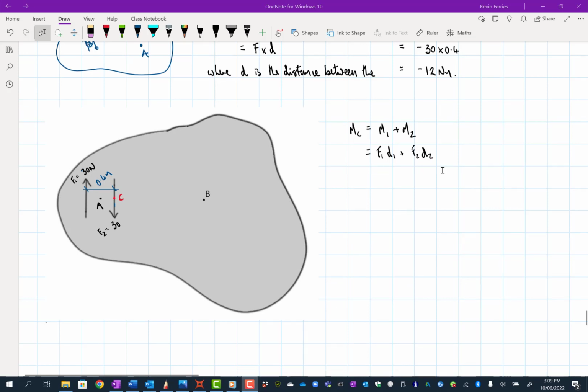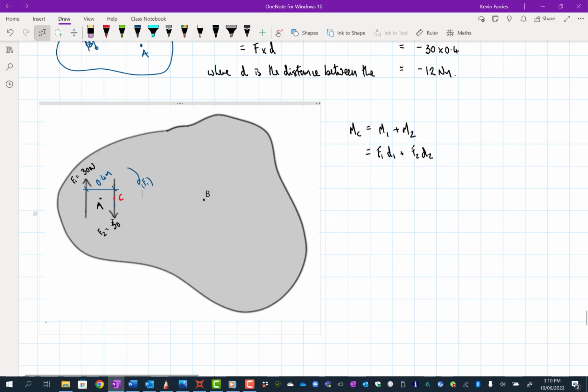As always, we need to be careful about the direction of these moments. At the moment we're thinking about rotation about this point C. So this force with this lever arm is going to rotate clockwise around C.